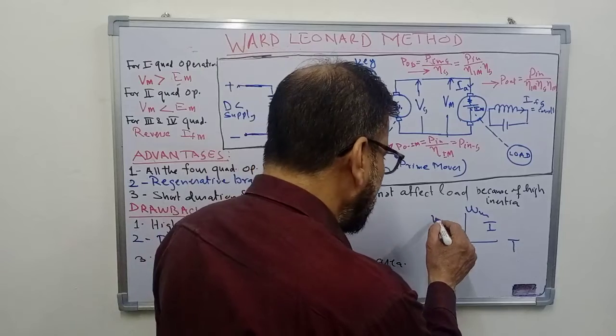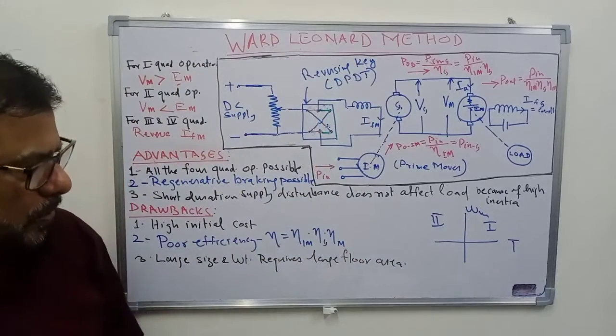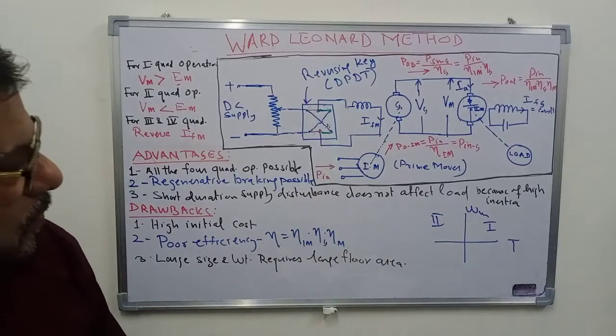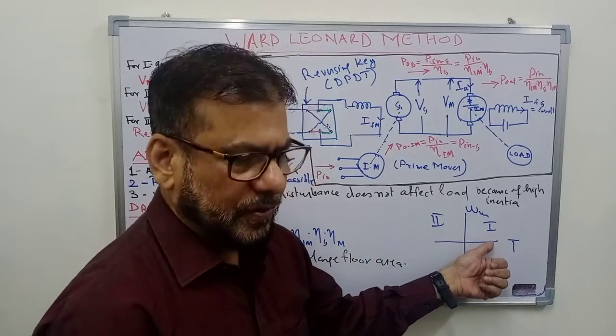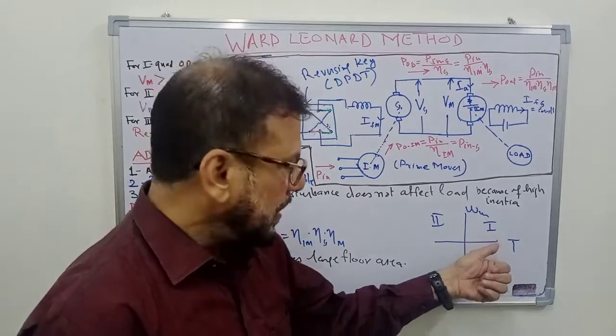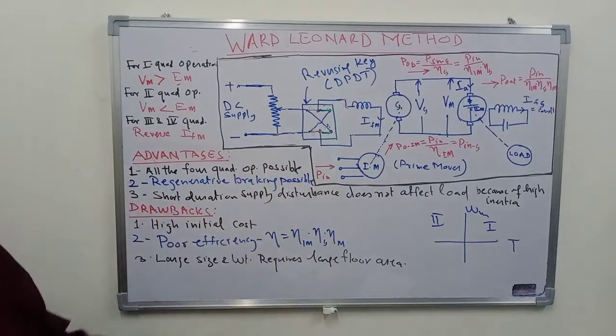In the second quadrant, speed is positive but the torque is negative. If you want to go to the second quadrant, you have to reverse the production of torque by the motor. So it will be working in the generating mode.